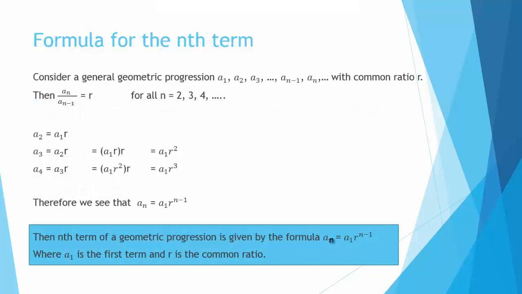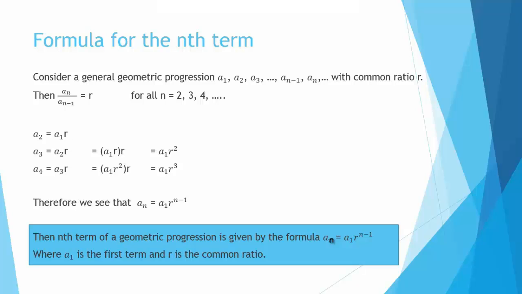Formula for the nth term. Consider a general geometric progression a1, a2, a3, where the (n-1)th term is a(n-1) and the nth term is an, and so on, with common ratio r. Then an over a(n-1) equals the common ratio r for all n equals 2, 3, 4 up to infinity. Then a2 equals a1 times r, a3 equals a2 times r, and by substituting for a2 we get a1 r times r, which equals a1 times r squared.